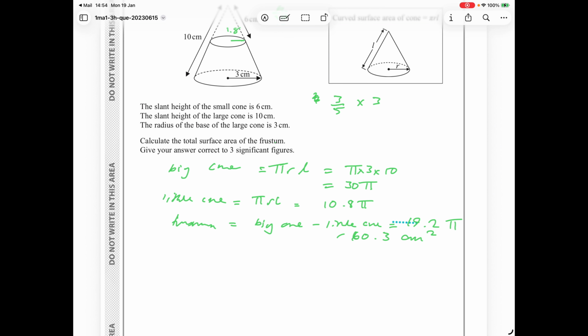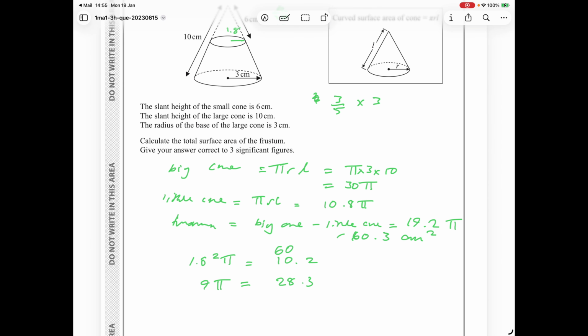But you've got to find the total surface area of the frustum. So the top bit would be 1.8 squared pi, which is, let's find out, 1.8 squared times pi equals 10.18, or let's go for 10.2, and then the bottom is 9 pi, which equals 28.3.